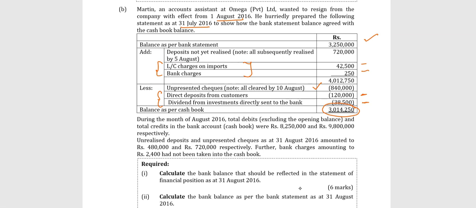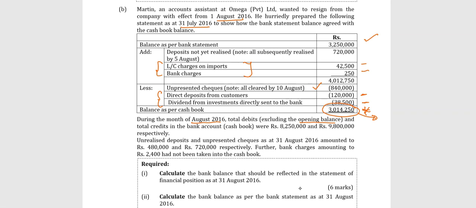Therefore, these figures will have to be adjusted here. Then during the month of August 2016, total debits excluding the opening balance. So excluding the opening balance, whatever balance we calculate after adjusting will be the opening balance.